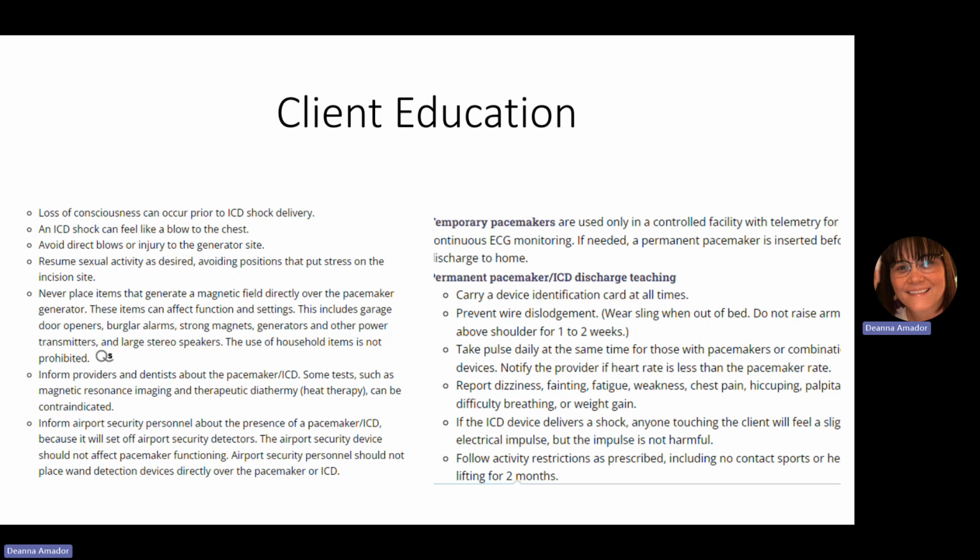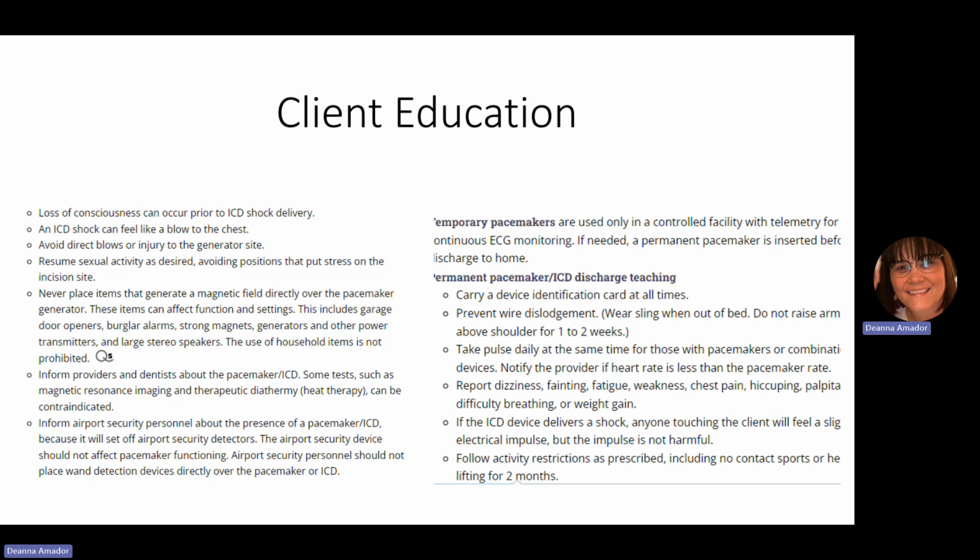So don't put anything that can generate a magnetic type field directly over the pacemaker. They should not have garage door openers close to their pacemaker, strong magnets. This goes on to say large stereo speakers, but it does say the use of household items is not prohibited. So it is important to talk to people and dispel that myth.